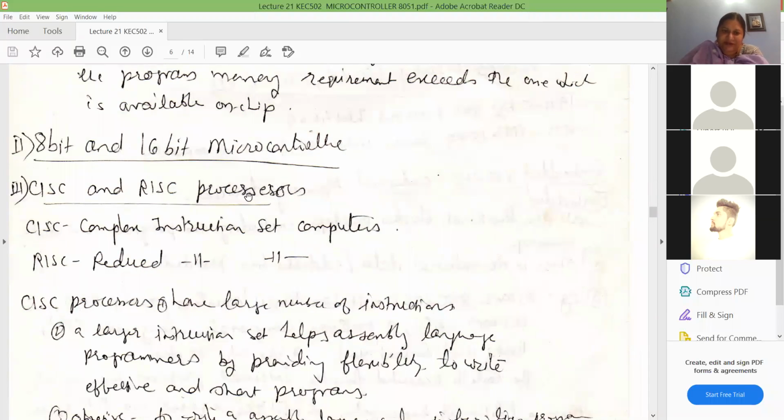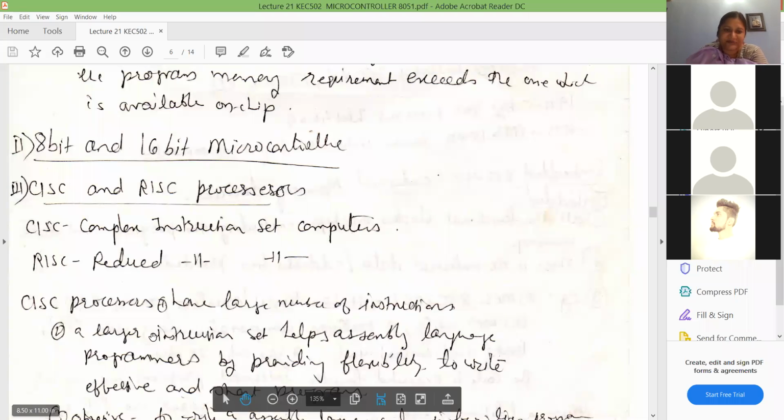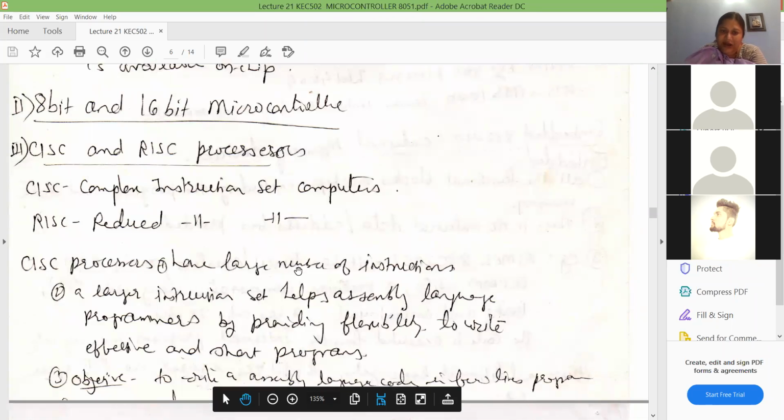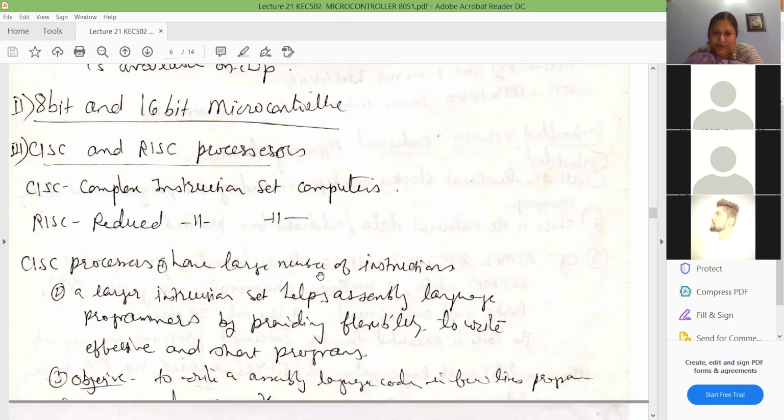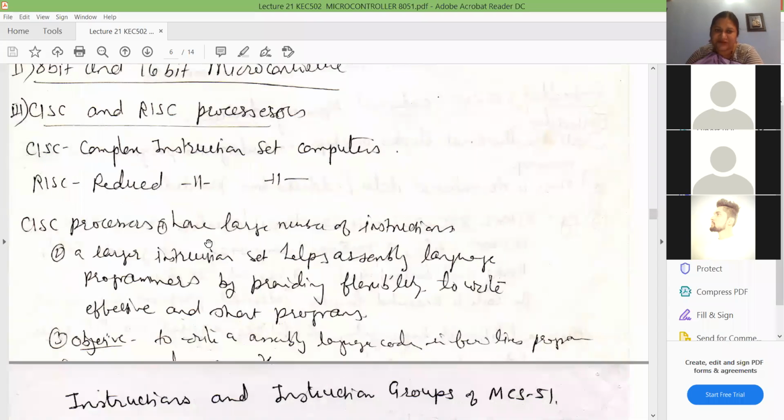Then you have classification as CISC or RISC processors. What are CISC and RISC processors? CISC means complex instruction set computers, and RISC means reduced instruction set computers. Complex means the processor has a large number of instructions, so assembly language programming becomes easy. In RISC processors, it is a reduced instruction set, that means you have a limited number of instructions.